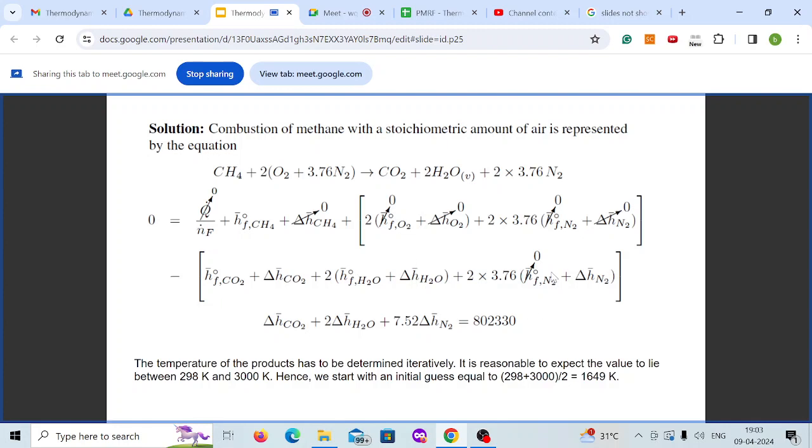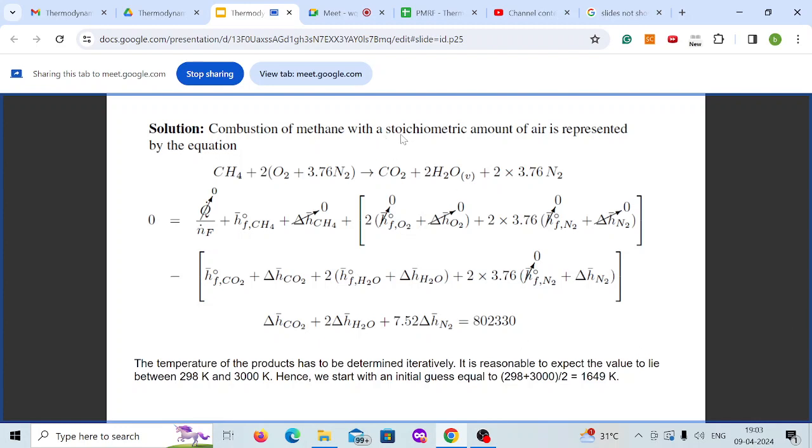Now the temperature, we have to find it. We don't know the temperature, so we will assume some temperature and find the corresponding sensible enthalpy values from the table, substitute here and see if we are getting the same value, 802330. If it's not, then we have to assume some other value.